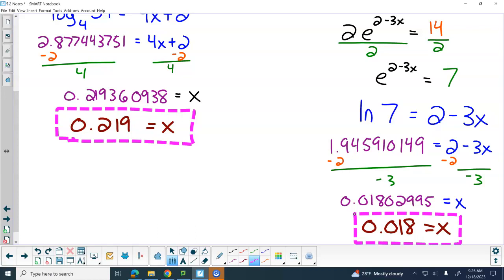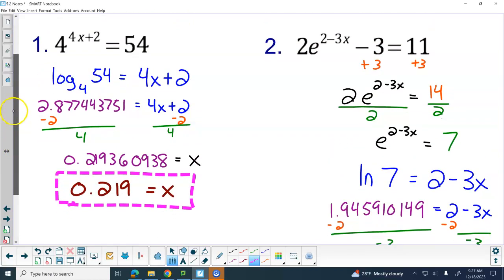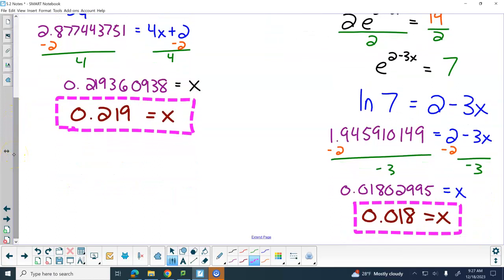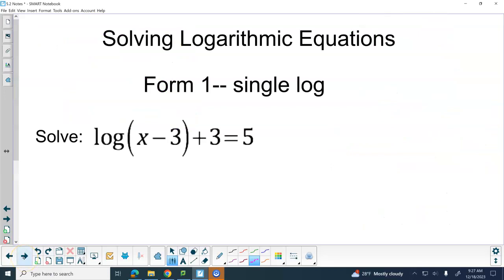Oops, because then I got to subtract 3. Oh, that's what the change of base formula is. You can't put it in like that. You have to put in log of whatever the other number is over log base.